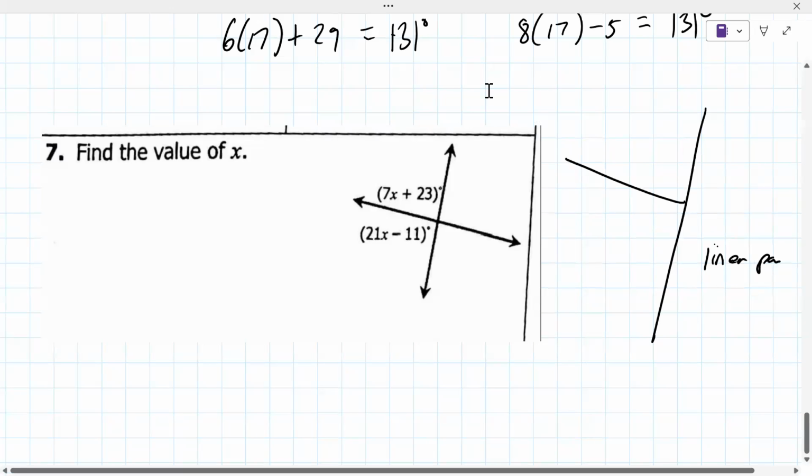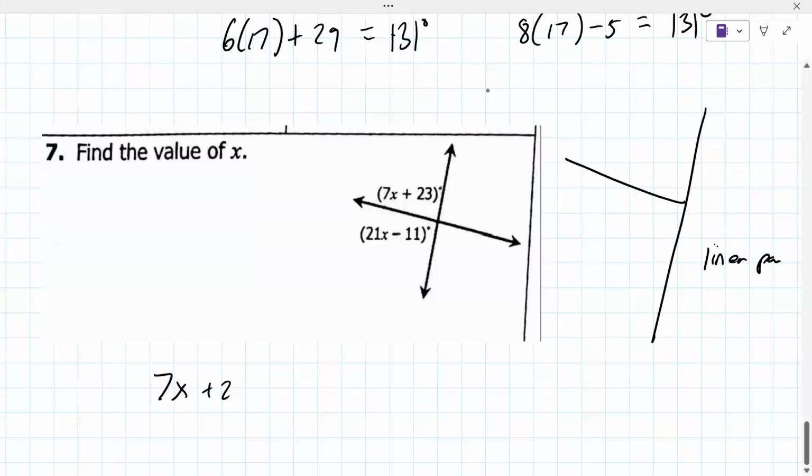Okay. So we're going to write that out: 7x plus 23 plus 21x minus 11 equals 180.